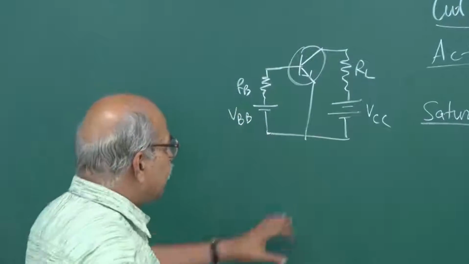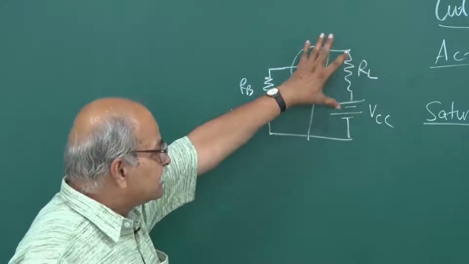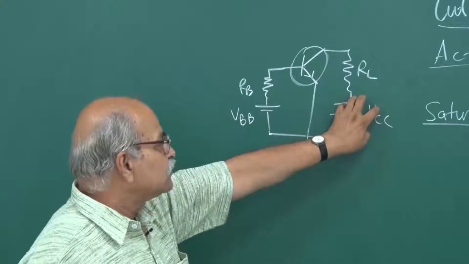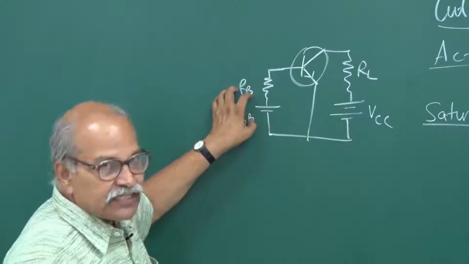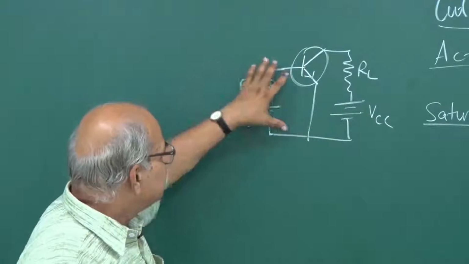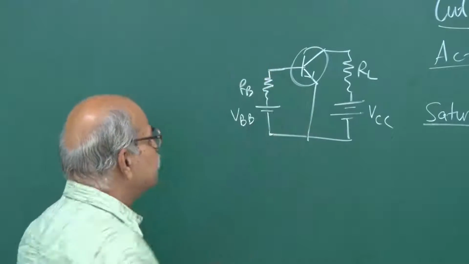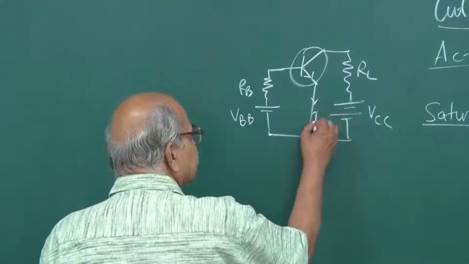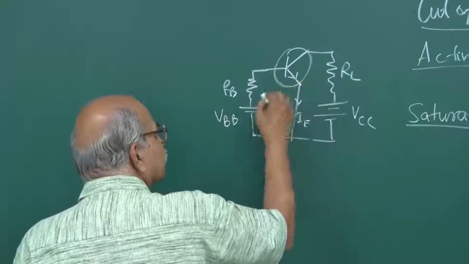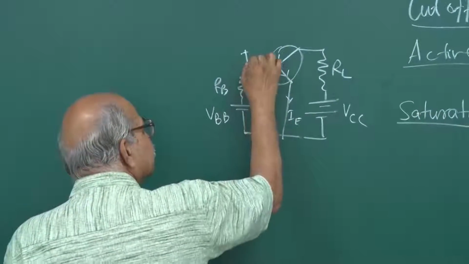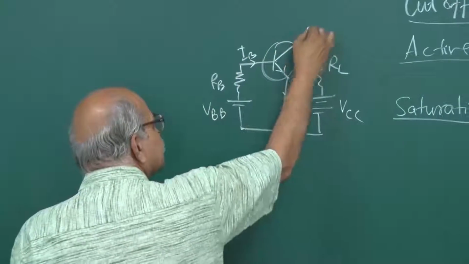So, suppose I have some reverse bias to start with. Let us say we have put some VCC to start with and it is reverse biased, this current is very small. Suppose this VBE is very small, this current IB is very small, this is IE, this is IB from this side, this is IB, and then this is IC.